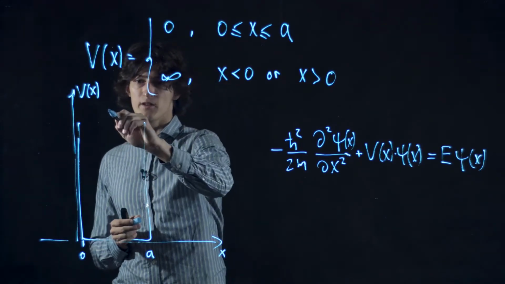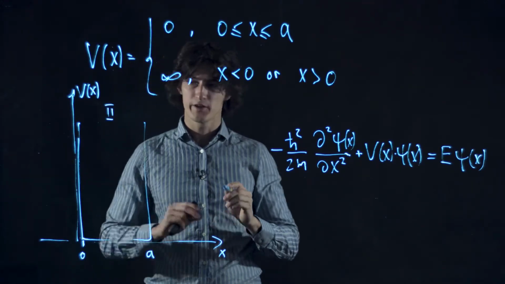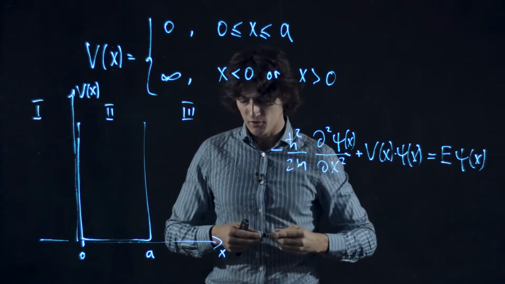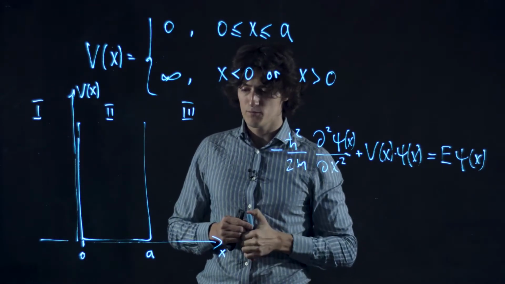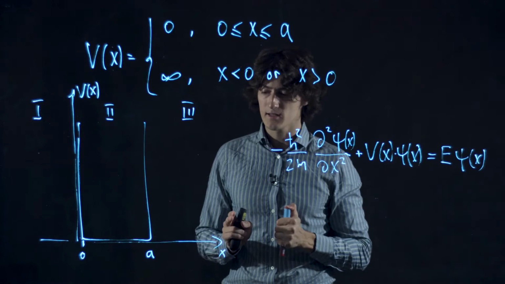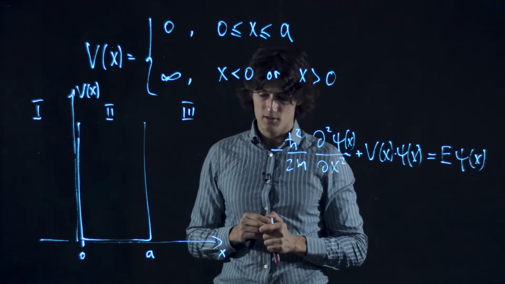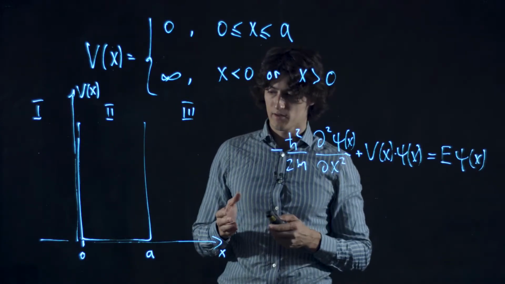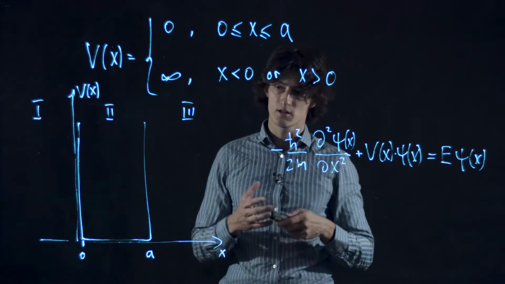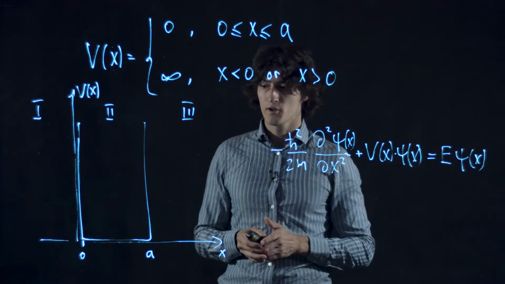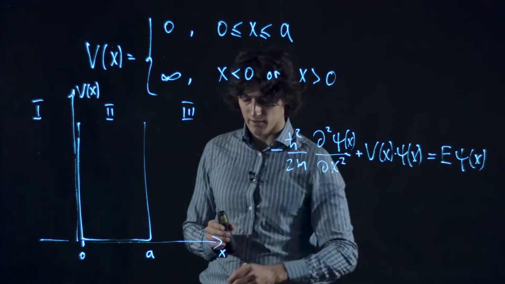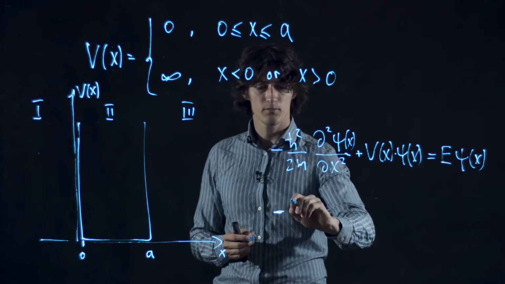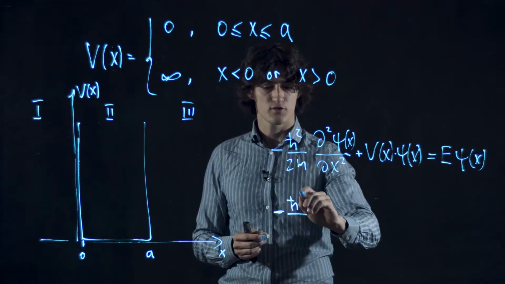In the second region, the particle moves freely, and in the first and the third regions, the potential is equal to infinity, which means that the particle in any case cannot penetrate into the wall, and so the probability of finding the particle in that region is equal to 0, and that means that the wave function is equal to 0 too. So in the second region, the Schrödinger equation takes a simpler form with zero potential.